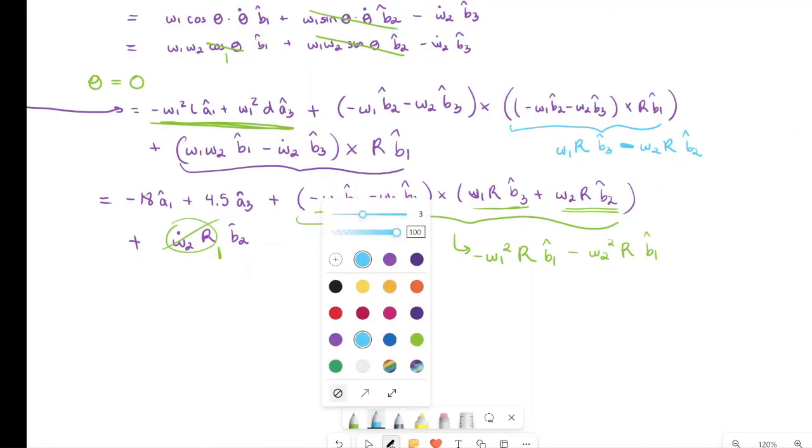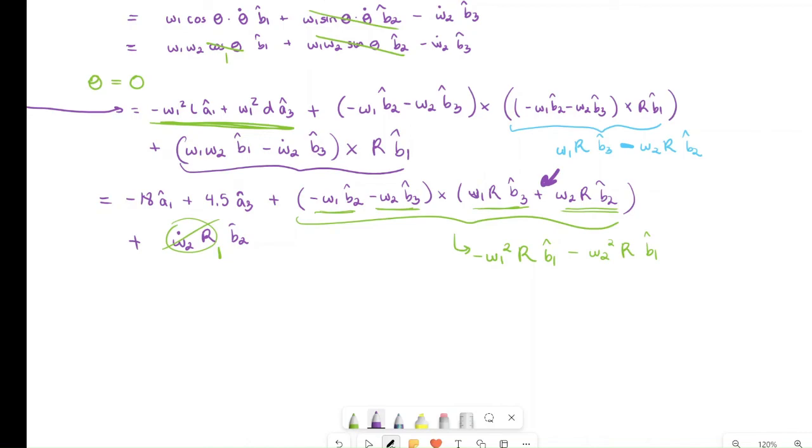Okay, so now I'm going to change this, so this should be a negative sign. Okay, and that should actually give me the right answer now. So I have negative omega 2 b3 hat cross negative omega 2 r b2 hat, which gives me negative omega 2 squared r b1 hat. Wait, does that make sense? Yes, it does. Okay, great.